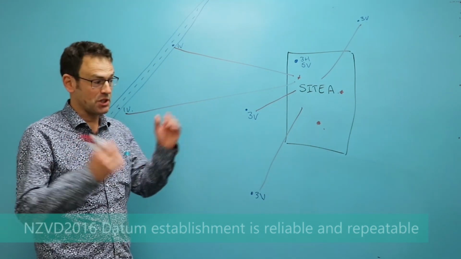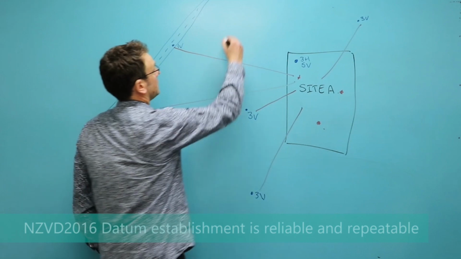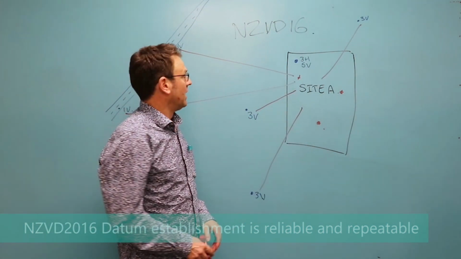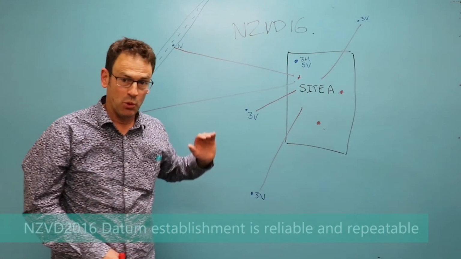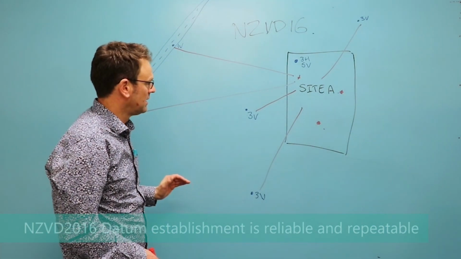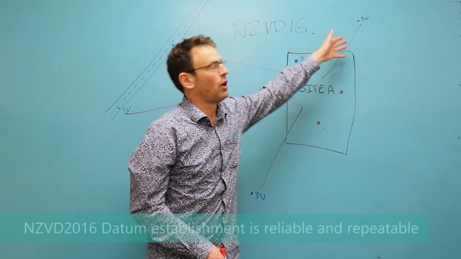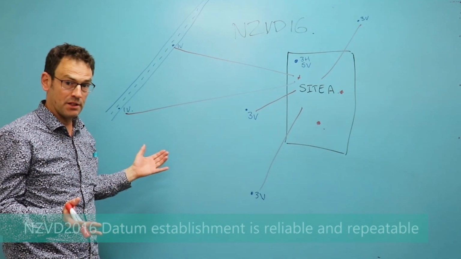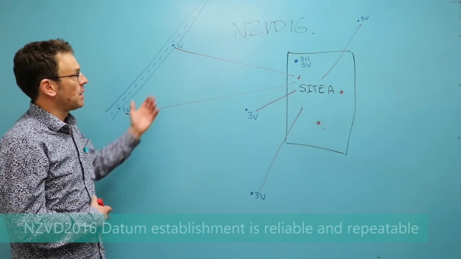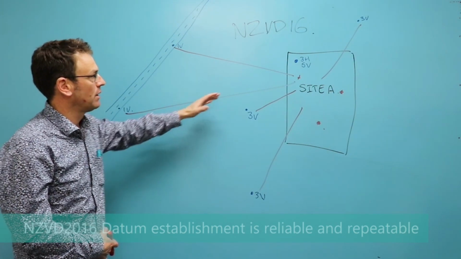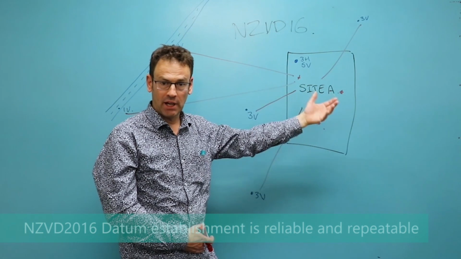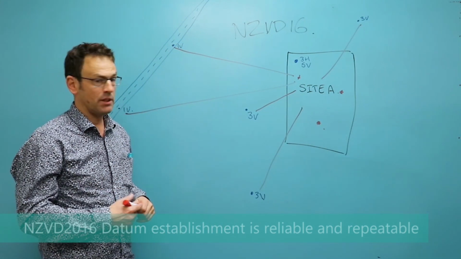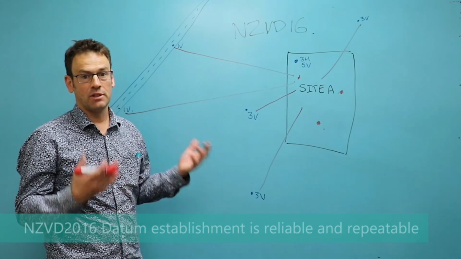So what's changed? NZVD16. So let's look at the scenario again under the context of New Zealand Vertical Datum 2016. Each of those marks no longer has a large degree of variability in the way their heights are defined, nor are they part of a decaying network in relation to the old tide gauges. What they are now based on is the New Zealand Geodetic Datum 2000 system.